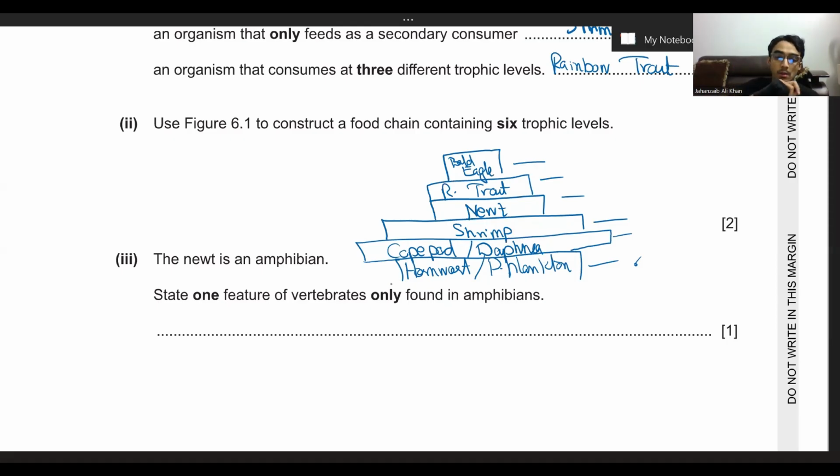What I can think of is none of the others has moist skin. You would say fish, right? But if you take a fish out of water and leave it in the sun, what happens to its skin? It dries up. But if you take an amphibian and put it in the sun, does its skin dry? Doesn't. There you have your answer. Correct answer here is moist skin.